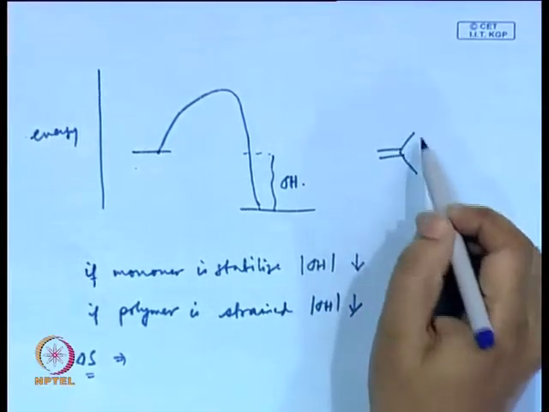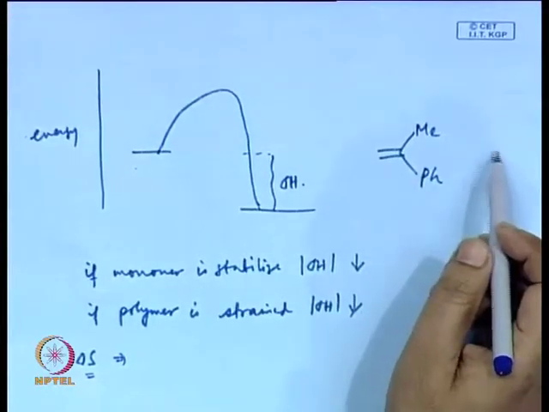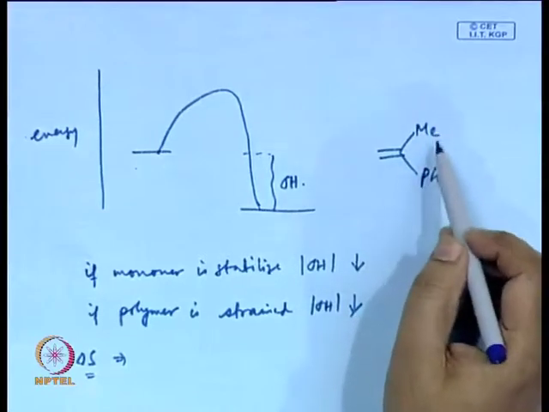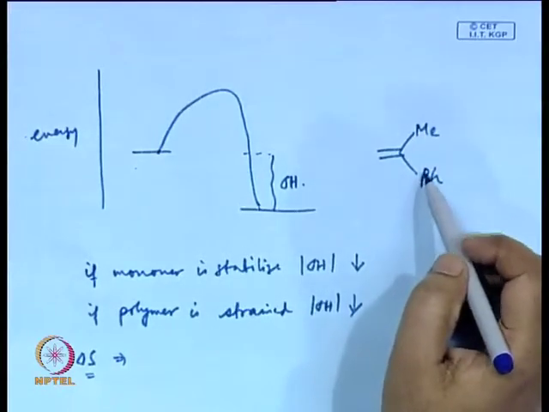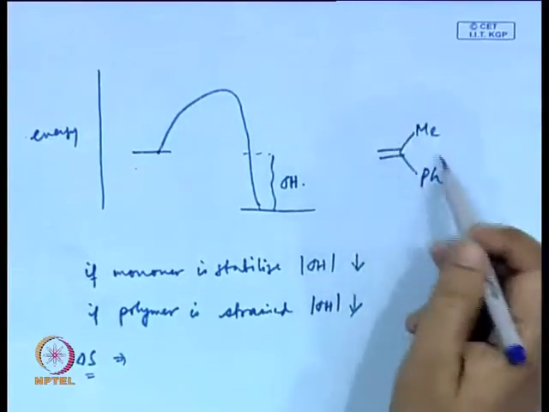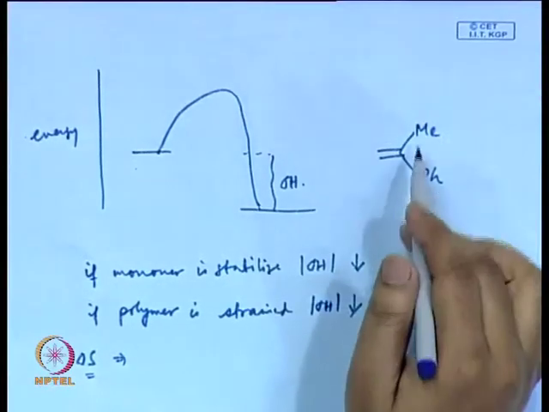If this alpha methyl styrene is converted to a polymer, obviously because of this presence of these groups, the polymer will be much more strained compared to the monomer, which is a planar molecule. There is no strain of these groups.